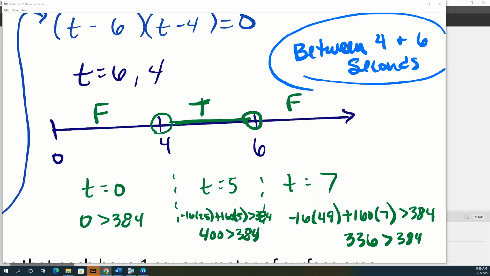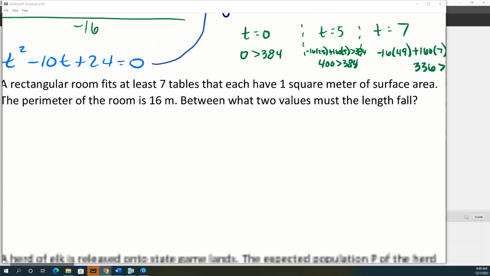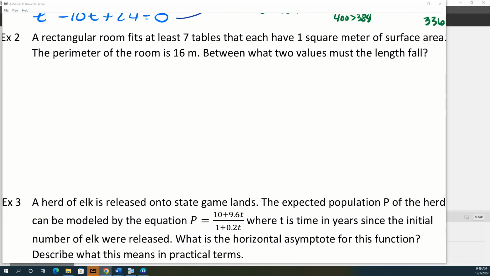We want to find, between what two values must the length of the room fall? Okay, so using the table situation, if there's at least 7 tables that fit in this room, then the length of the room times the width of the room, so the area of the room, has to be greater than 7, or the tables won't fit.